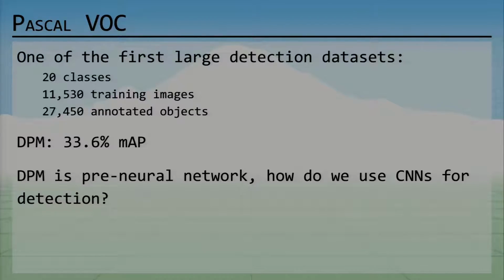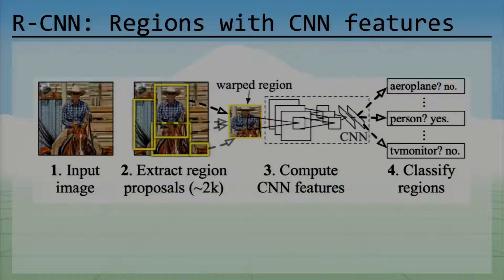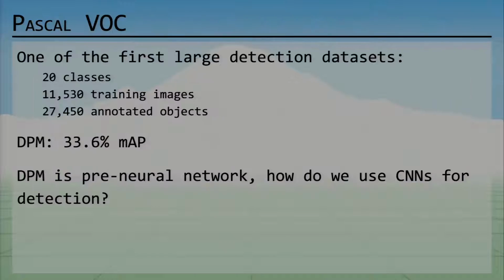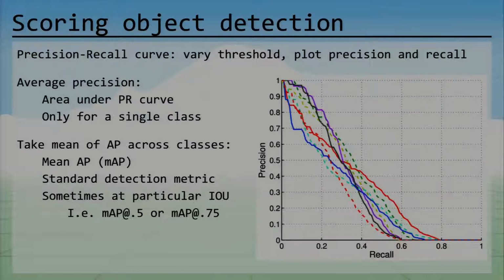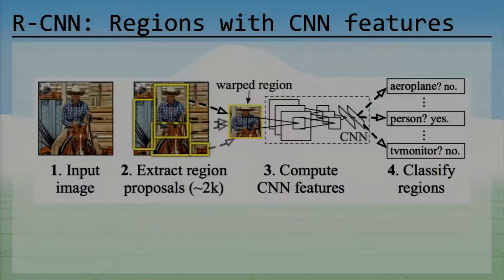So the first attempt at doing object detection using some form of neural networks was this algorithm called RCNN. This is regions with CNN features. And this is actually by the same guy who did deformable parts models a couple slides back.